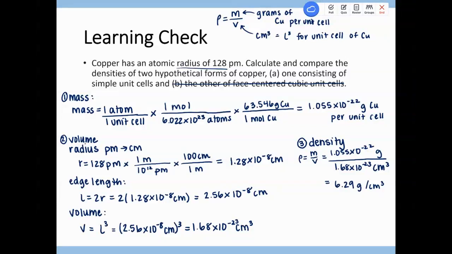This fraction is equal to 6.29 grams per centimeter cubed as the density for copper in a simple cubic cell.